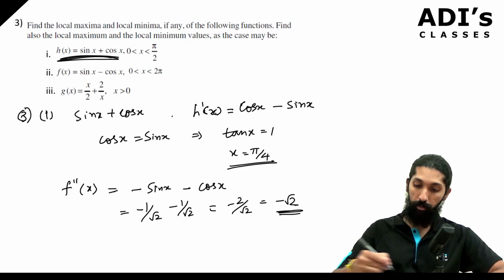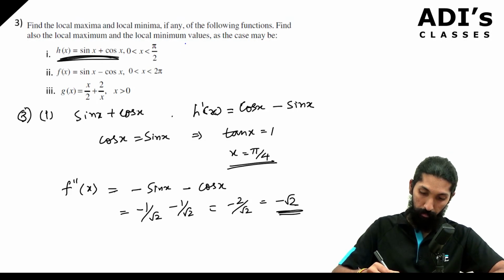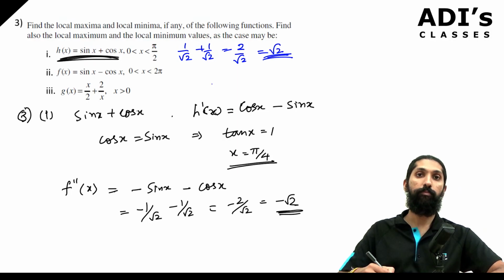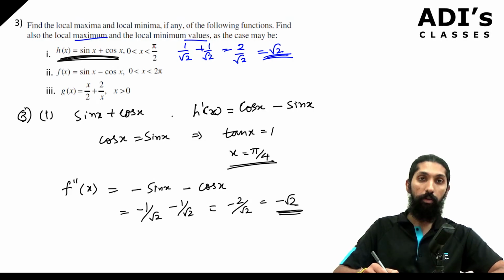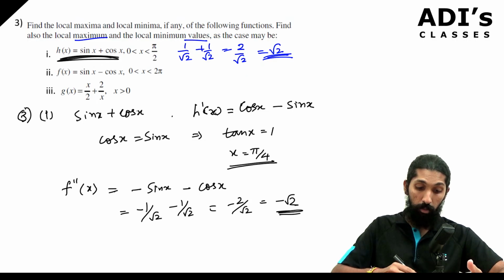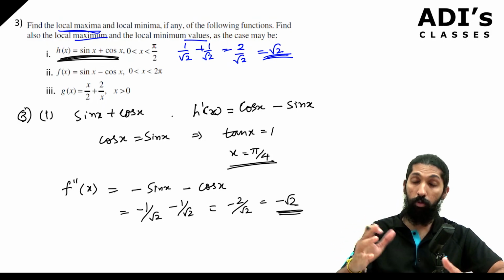So if you substitute here, you'll get sin pi by 4, 1 by root 2, plus 1 by root 2, 2 by root 2, which is root 2. So root 2 is the maximum value, and the point of inflection is the local maxima. Understood how to go about this?